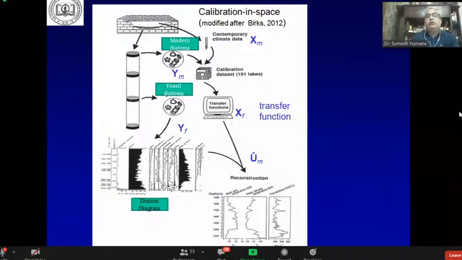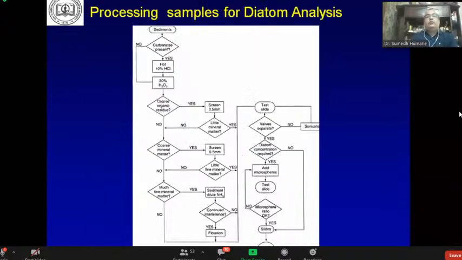Now, quickly, we should discuss how to collect and how to process, macerate, the diatom samples. The standard method is given by Battarbee. Once you collect the sediment sample, you need to process it with HCl, depending upon the geology present in your study area.